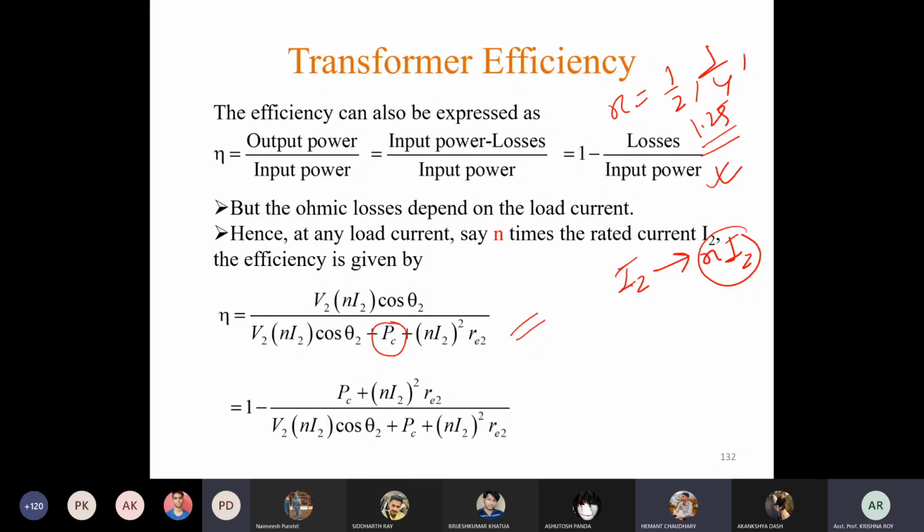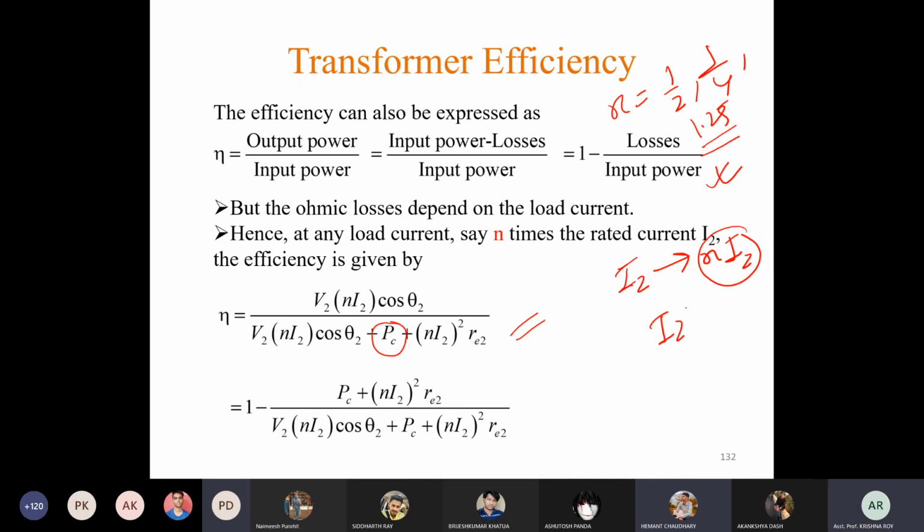If you increase the load impedance, then load will decrease. So loading a machine means you are increasing the load current. So n times the load means n times the rated load. Some load is connected for which the transformer is drawing rated current I2.